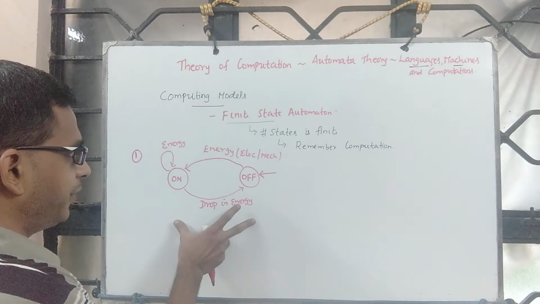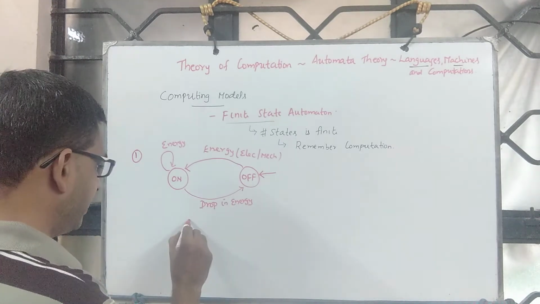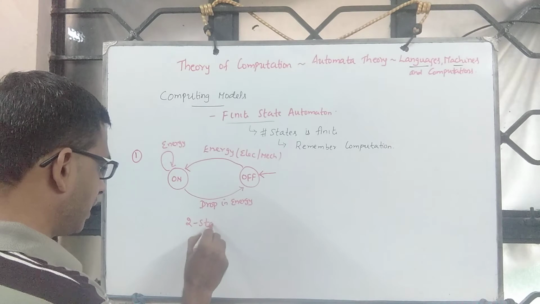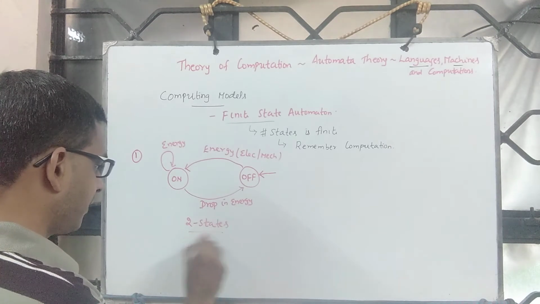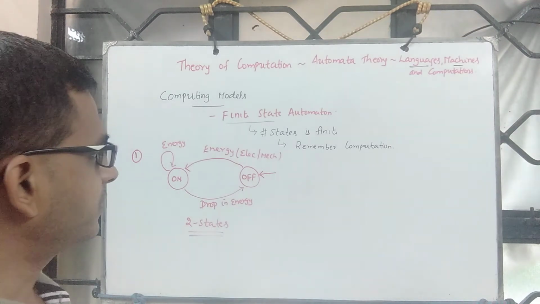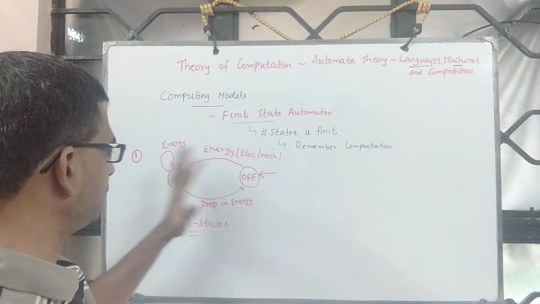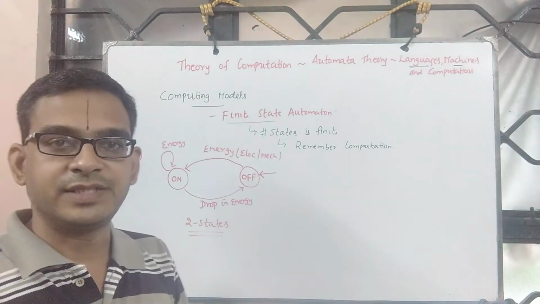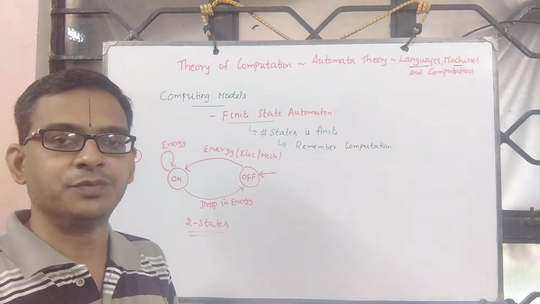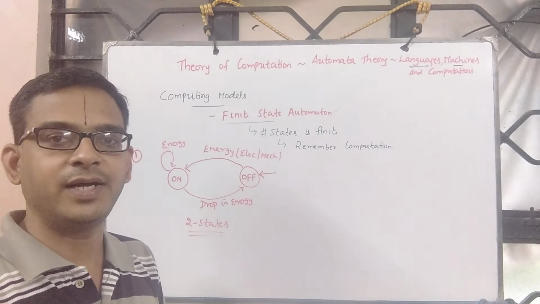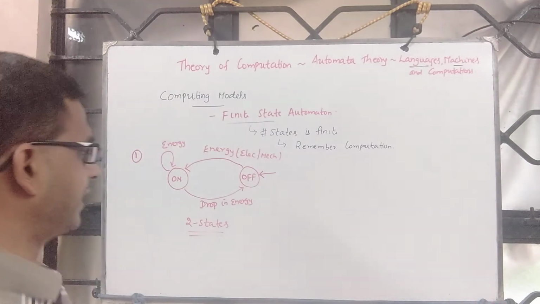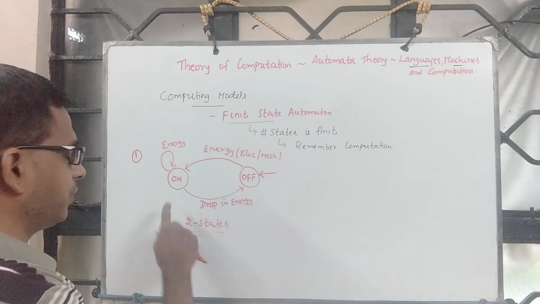So here is an example of a finite state machine which has two states, and you get to see that when you move from this to this, something has actually triggered you, meaning you have supplied some energy which triggered you to move from one state to another state.